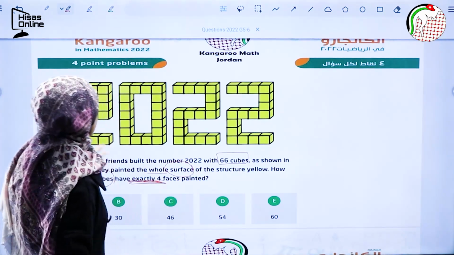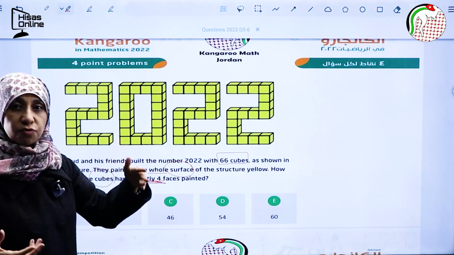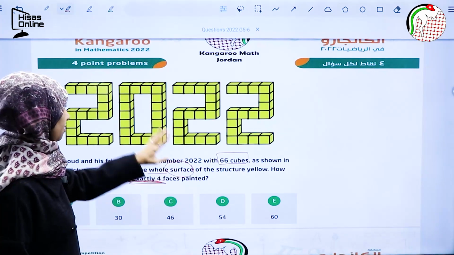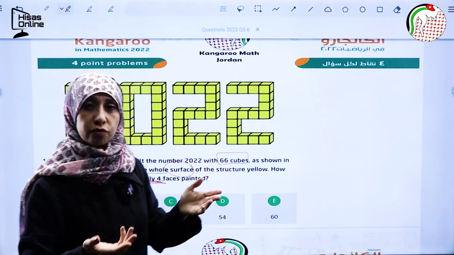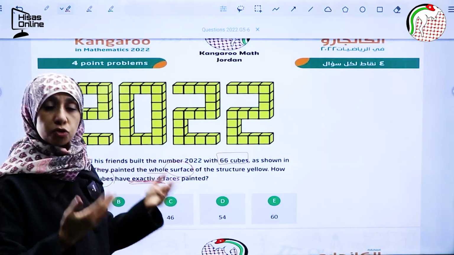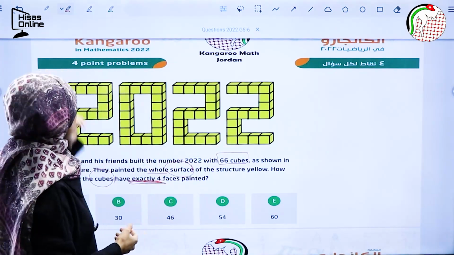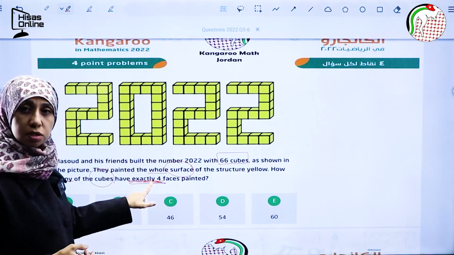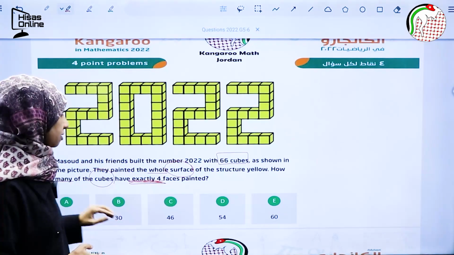Now, any cube here has 6 faces. But in order to paint the surface, they might not need to paint all faces, since they will join them together in order to make the 2022. So let's see how many of those cubes will have exactly 4 faces painted.